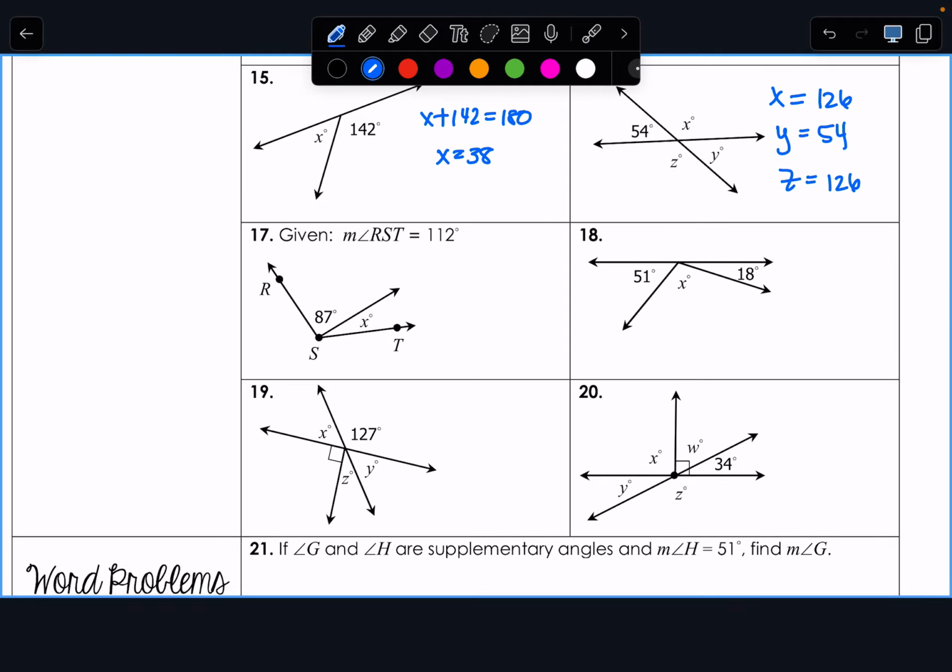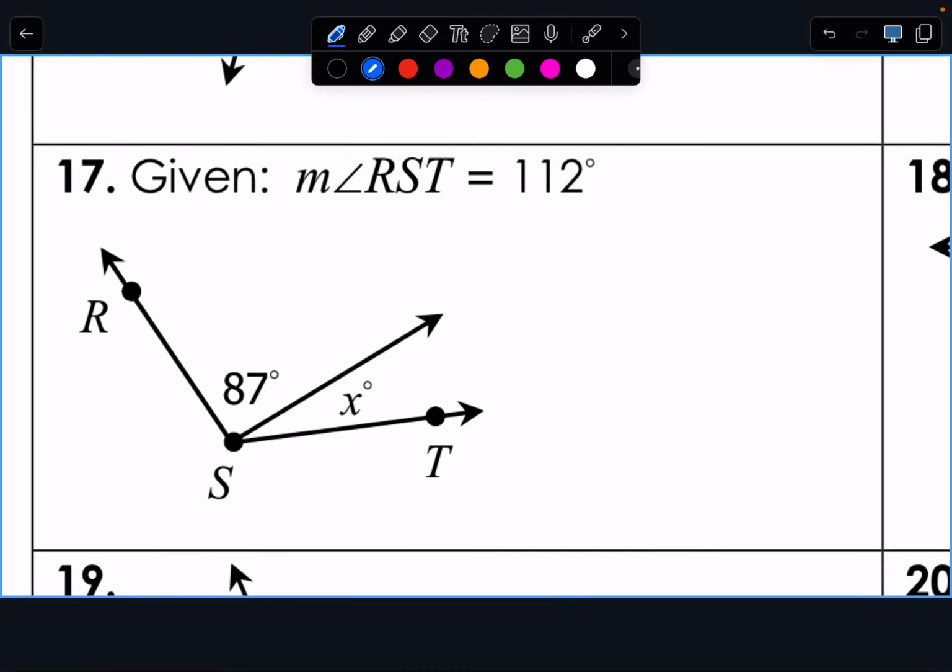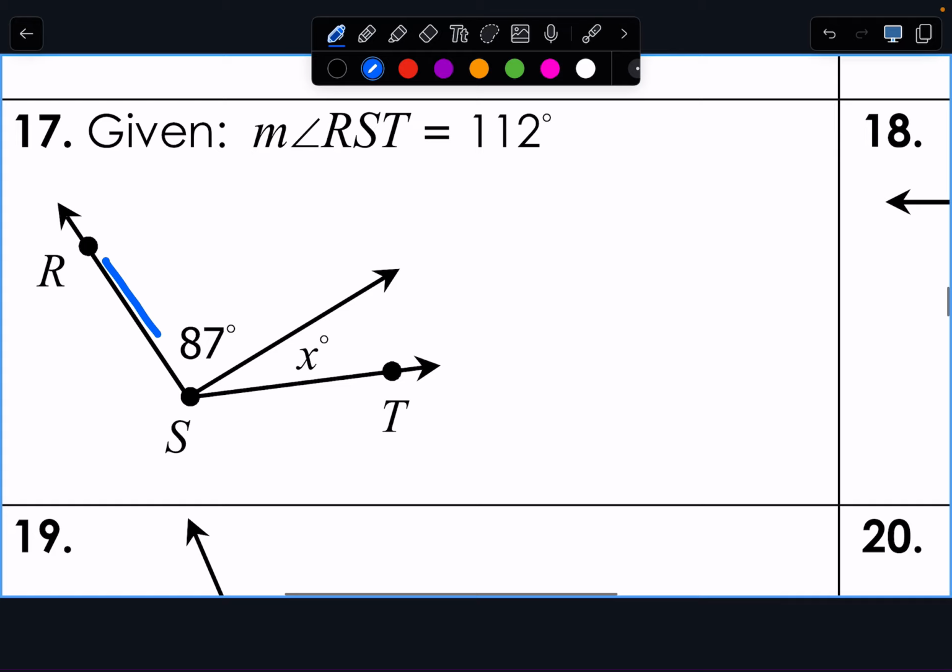Now, I have a question in number 17. How do I figure out what X is here? Was that your hand? Okay, how do we figure it out? It's like the full angle of R to S to T is 112. 87 plus X is 112.